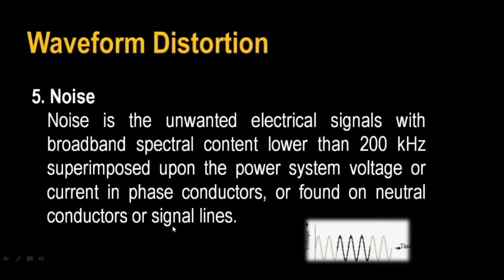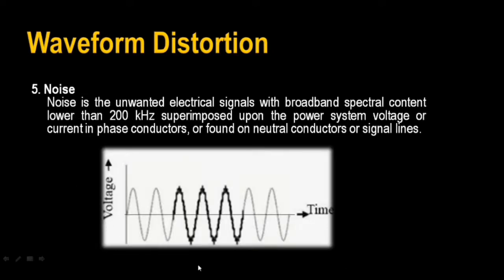Regarding noise, it is unwanted electrical signals with broadband spectral content lower than 200 kHz superimposed upon the power system voltage or current in phase conductors, or found on neutral conductors or signal lines. Observing this waveform shows the noise behavior, that is, the superimposition of broadband spectral content lower than 200 kHz on the power system.